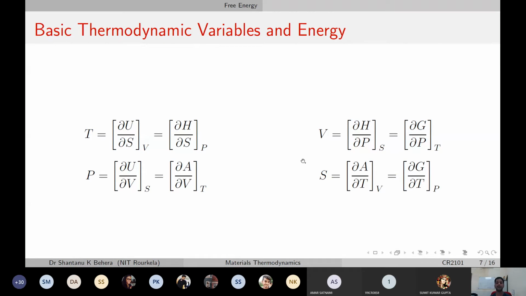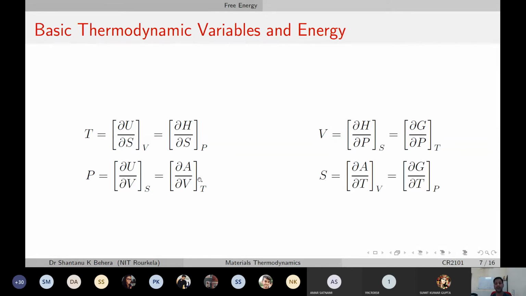And for the energy functions, the relationship between the basic thermodynamic variables and energy is through a conjugate. And the conjugate for T is S. So when we talk about TdS or SdT, those are in the dimensions of energy. So it's kind of easy to remember.